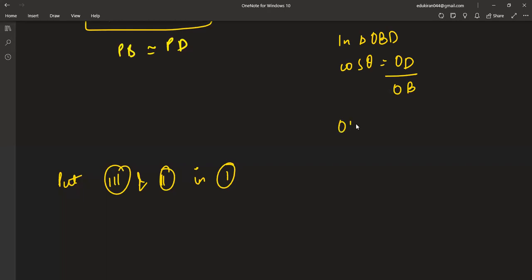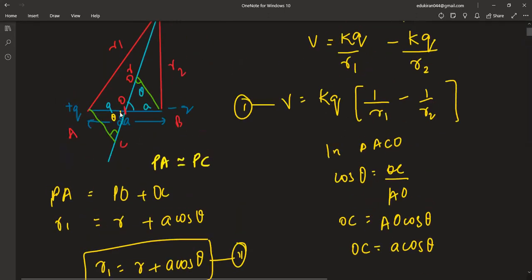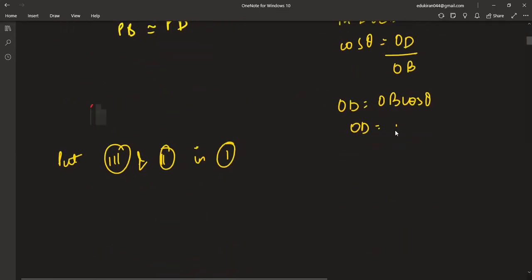So OD is equal to OB cos theta. What is OB? OB is also A, the way AO was A. So again, OD is equal to A cos theta.